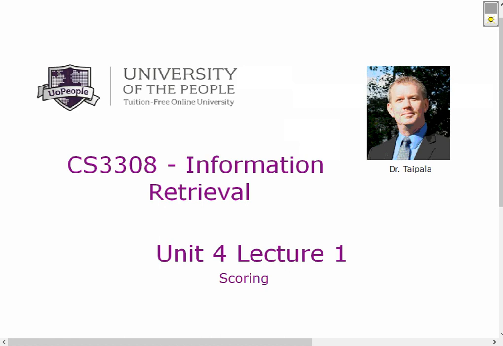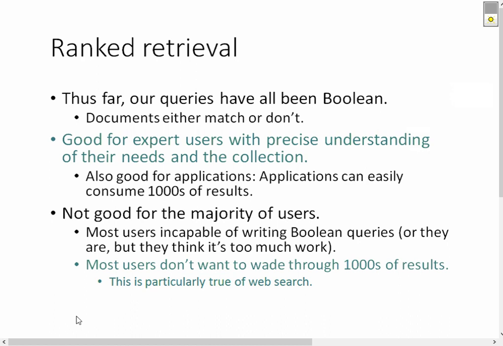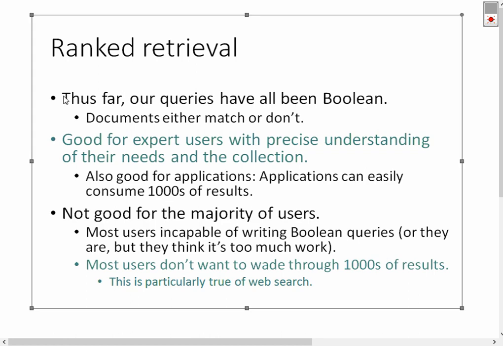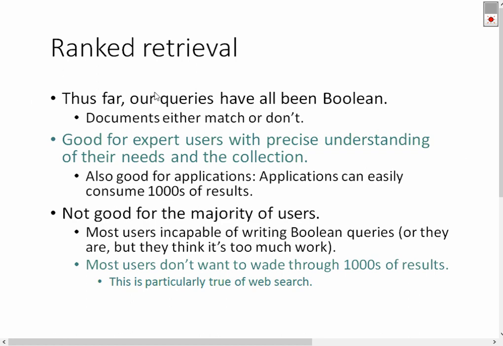So in this first lecture, we're going to be covering the concept of scoring. How do I score them from the perspective of relevance? And when I say them, what I'm referring to is all the documents. Thus far, most of the examples that we've had in the class have been around this concept of Boolean queries.